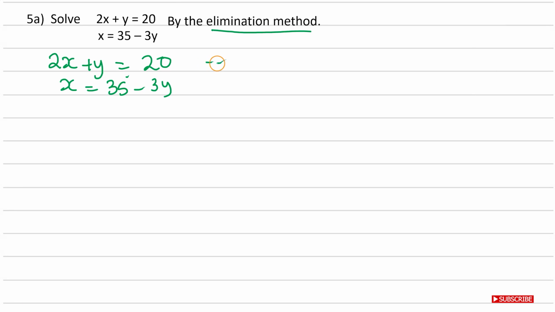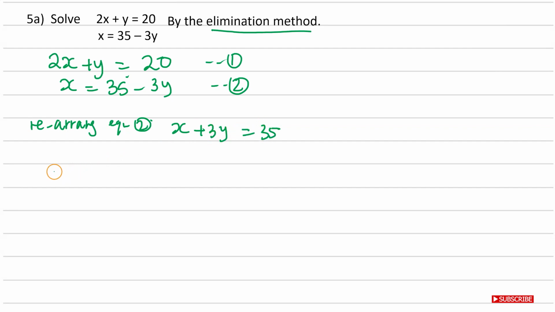Let's call this equation 1 and this equation 2. We're going to rearrange equation 2, so we're not changing it. In order to rearrange, we need to add 3y, so that's going to be x plus 3y equals 35.